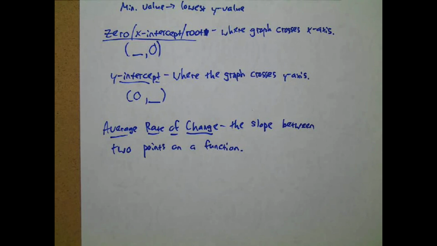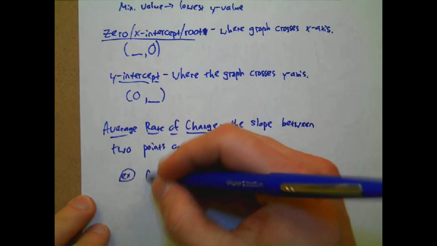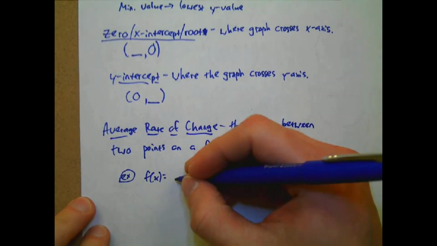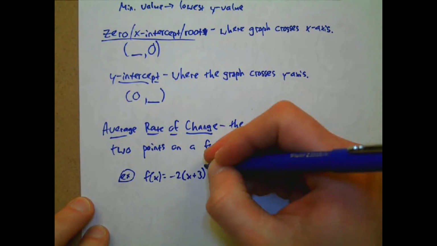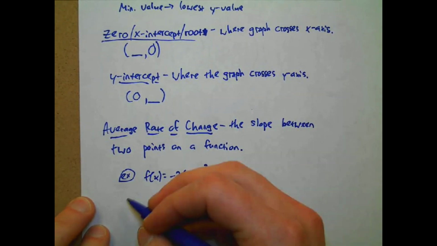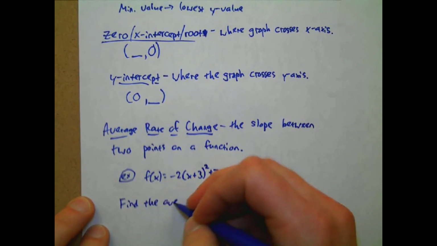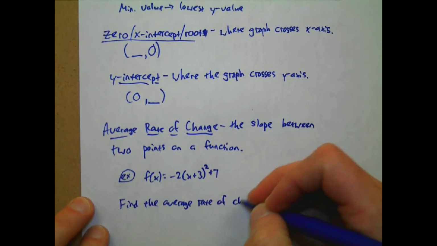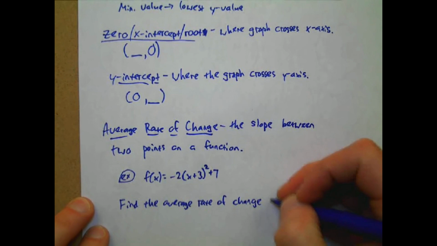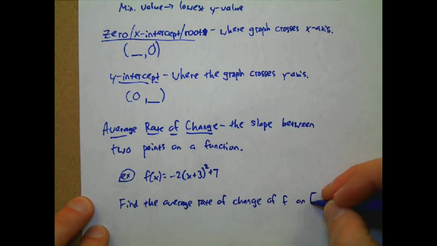So just for example here, I'm just going to throw this out here. If we have our function here, f(x) = -2(x+3)^2 + 7, and we want to find the average rate of change of f on the interval -1 to 2.